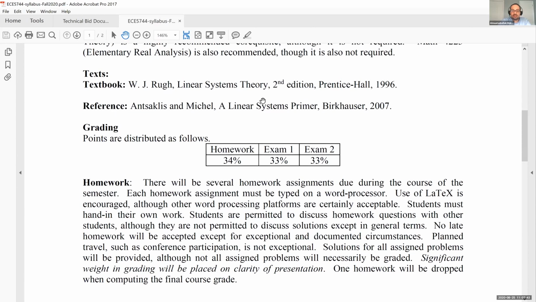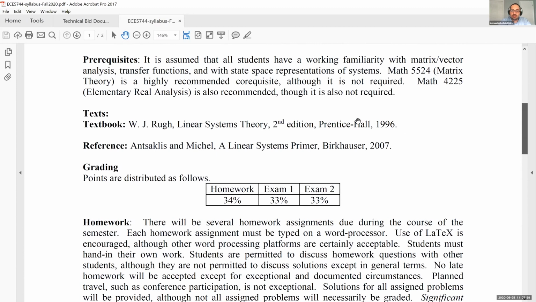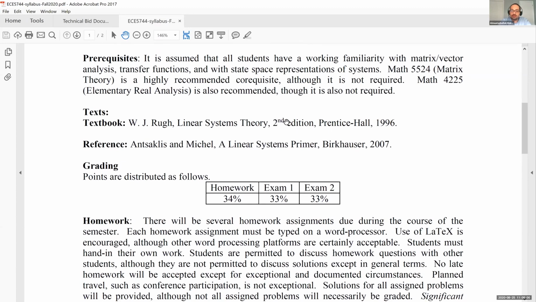I believe this book, Linear Systems Theory, is available as an electronic copy from the library. This one, I'm not sure if it's available as an electronic book or not, but I believe there is maybe a copy to borrow from the library too.